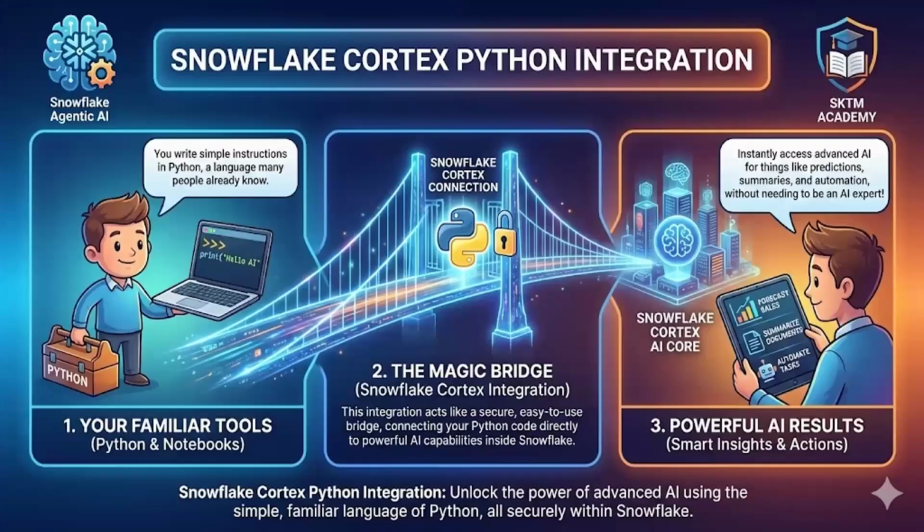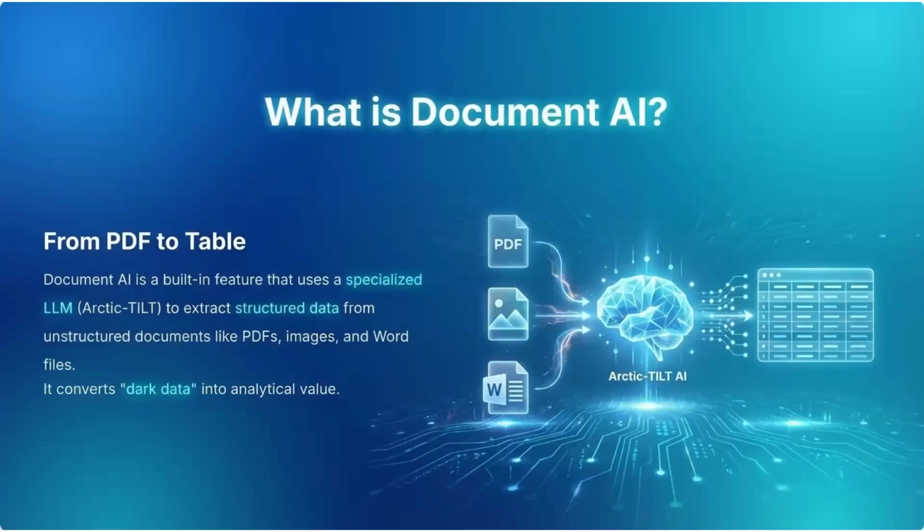At the same time, we have Document AI, which is another feature Snowflake is providing, where I can convert the data from PDFs into a table. Assume I have invoice documents, where I can extract some columns, which are images or words, from that particular document and push them into a table, converting into rows and columns. So it can convert any unstructured data into a structured form, like dark data into analytical value.